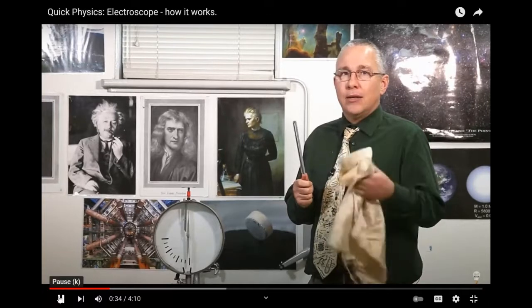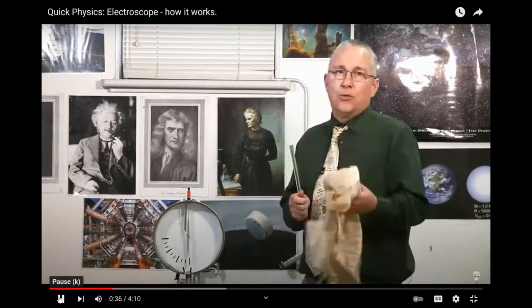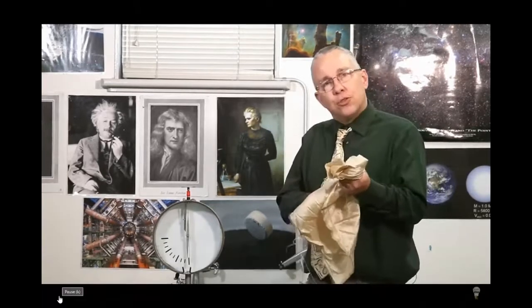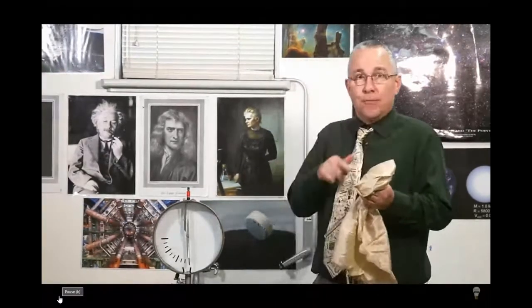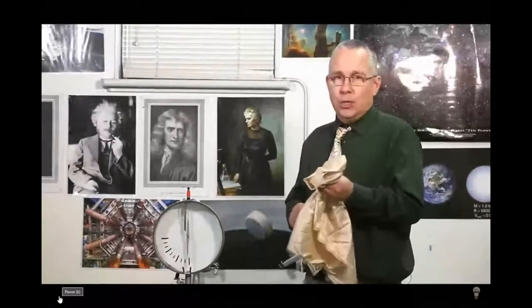Electrons are taken from the perspex onto the silk. And if I were to rub it a little bit more vigorously, I would cause more electrons to be transferred from the perspex onto the silk.